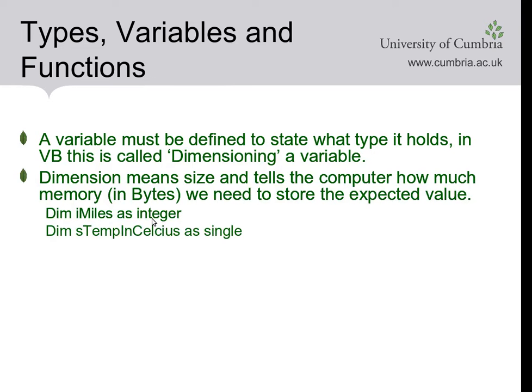This one is another variable, and it's of type Single, so it's a single accuracy floating point value. And you can see here how the camel case is working to capitalise the first letter of the individual words that make up that particular variable name. So Dim sTempInCelsius As Single.